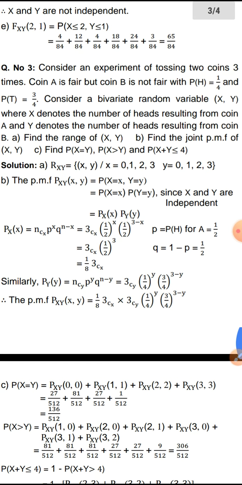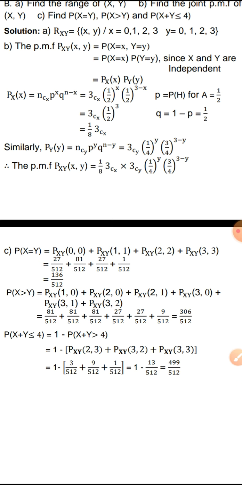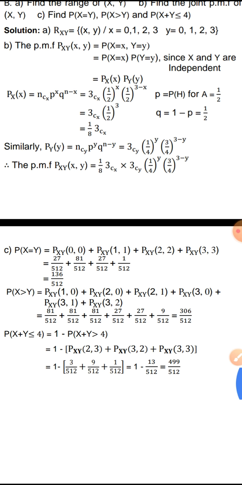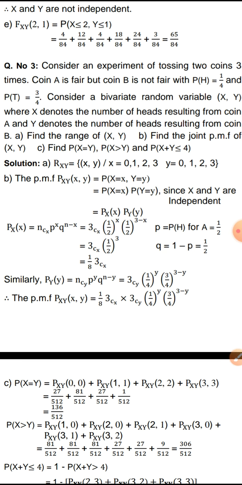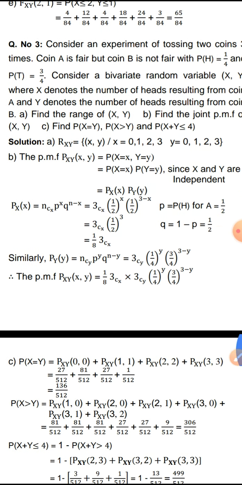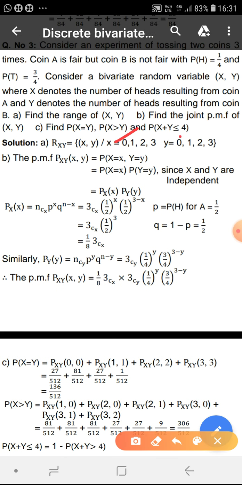Then question number C. Probability that x will be equal to y. So where x and y must be equal, it will be 0,0, 1,1, 2,2, 3,3. Among x and y values, you need to consider x is equal to y. So with x0 y0, or x1 y1, or x2 y2, x3 y3, all these probabilities are to be considered.